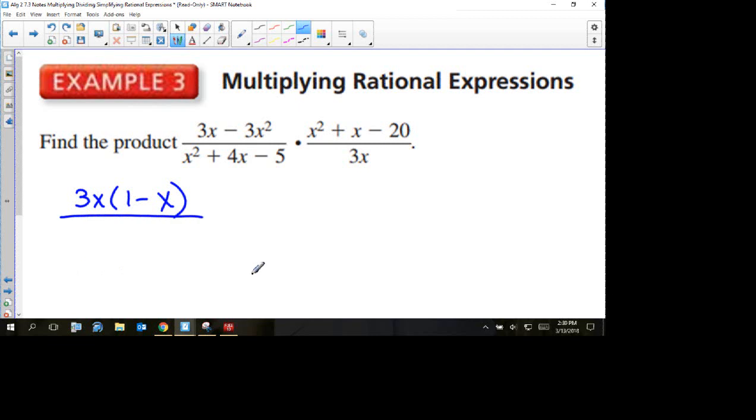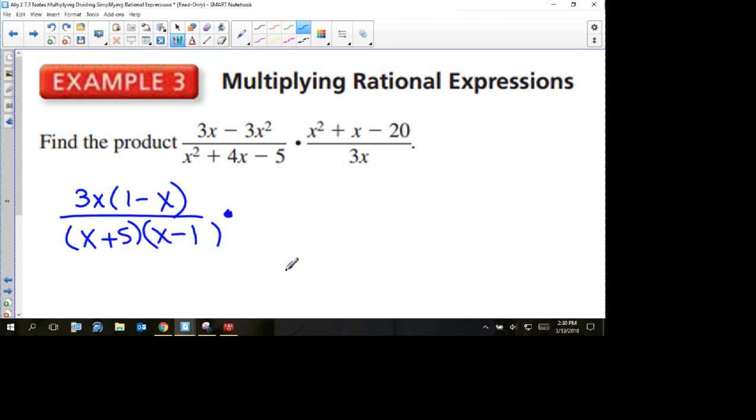The denominator of that first fraction is 3 terms, so that one, no GCF. We're going to do guess and check. We'll do x and x. It ends in a minus 5, so it's going to be 1 plus, 1 minus. What numbers multiply to make 5? One of them's going to have to be negative. Negative 1, positive 5.